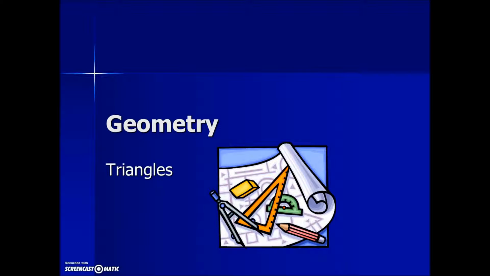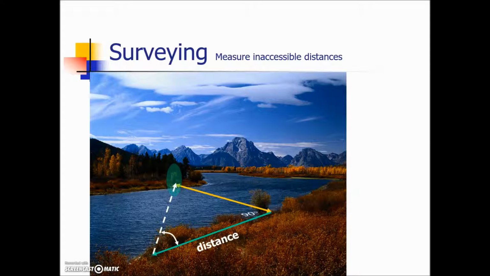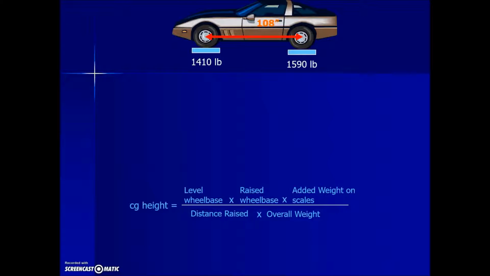Geometry Unit Section 4. In this section, we'll take a brief look at some additional topics related to triangles. Many applications for triangles come from surveying, where we may need to determine measurements from inaccessible distances.